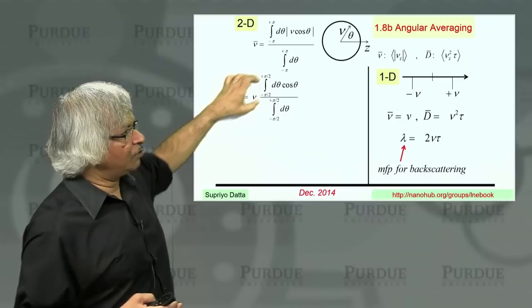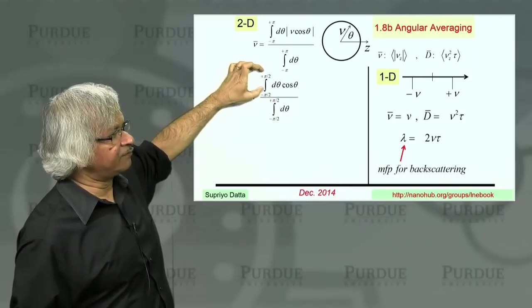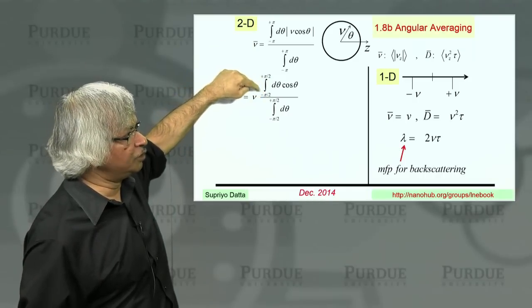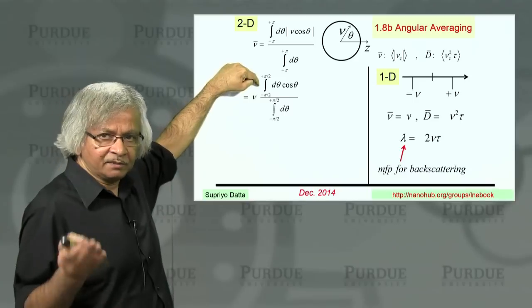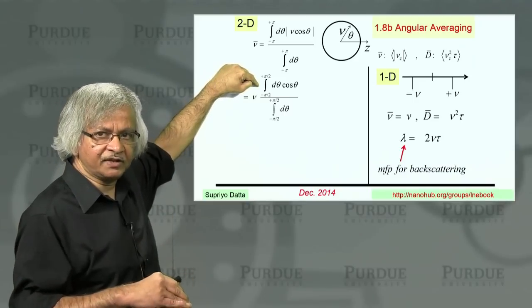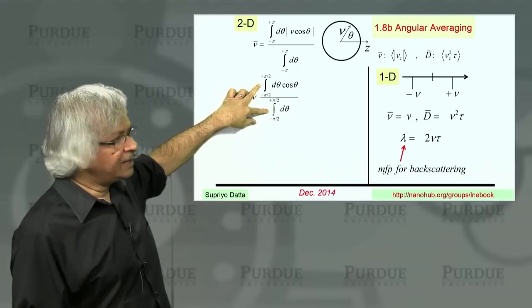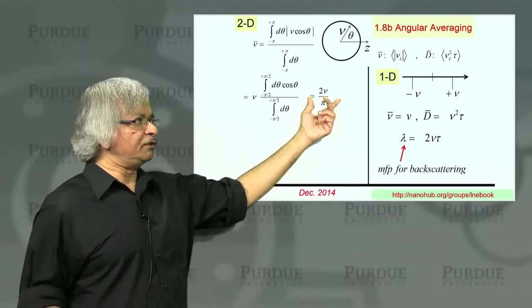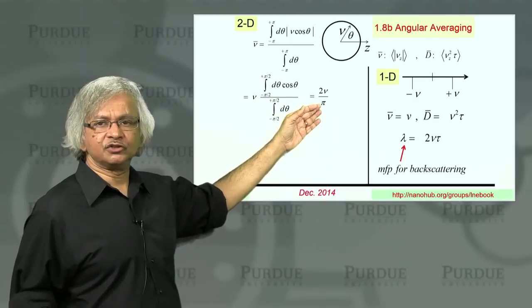Or I guess you could have written a 2 here, multiplying what you get from here by 2, because the part you left out will give exactly the same thing. But then you'd also have a 2 in the denominator, so I've just dropped the 2. This is now a straightforward integral, and what you'd get is 2v over pi. So in 2D, that's the average velocity you should use.